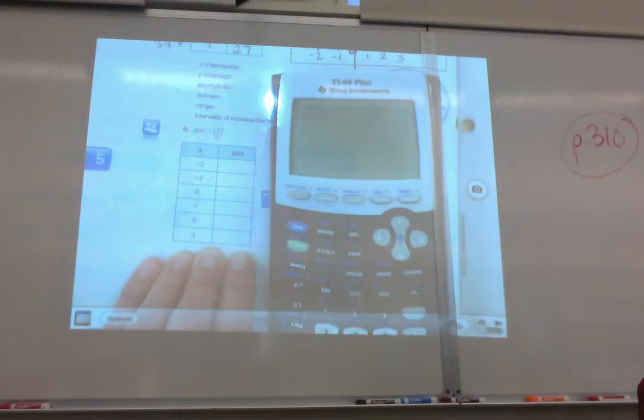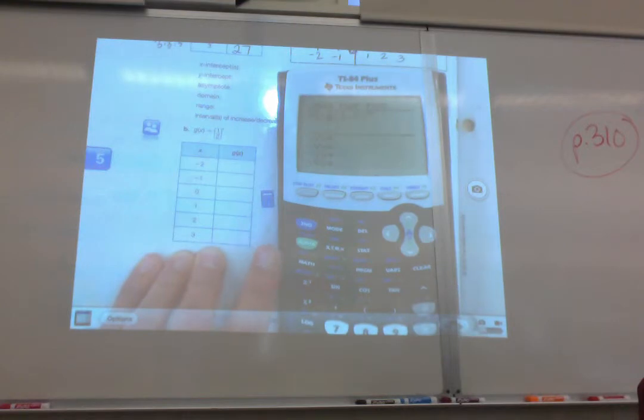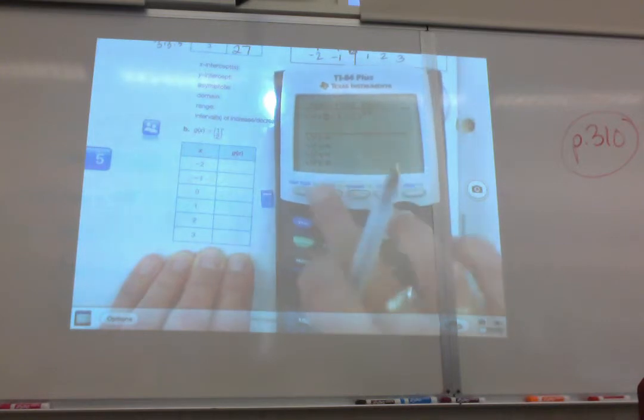So y equals, clear, new function. I need parentheses. 1 divided by 2, close the parentheses. I need my x as an exponent, so carry it on up, put in an x. I'm going to start by creating a table. Second, table set.